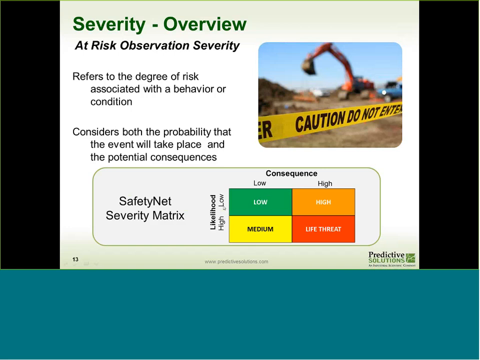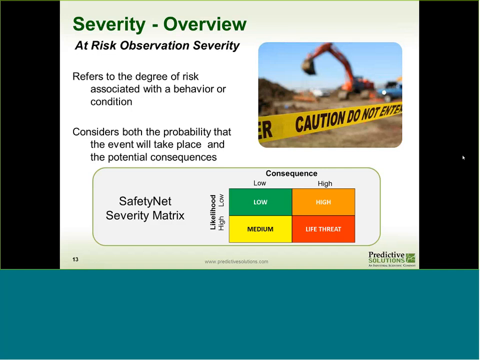So, for example, a low likelihood and a low consequence would be a low severity in SafetyNet. A high likelihood and a high consequence, high and high, would lead to a life threat, or immediately dangerous to life and health, severity finding within SafetyNet.